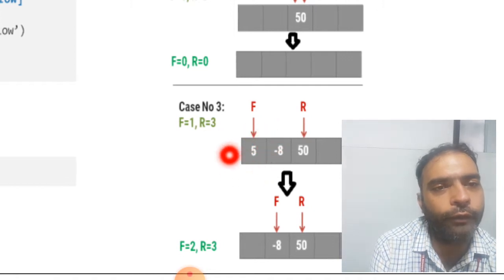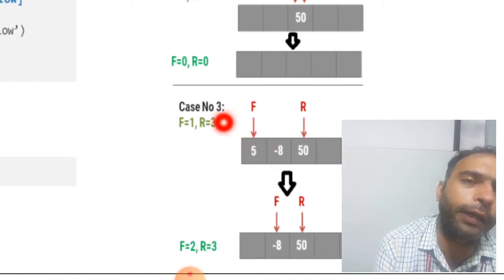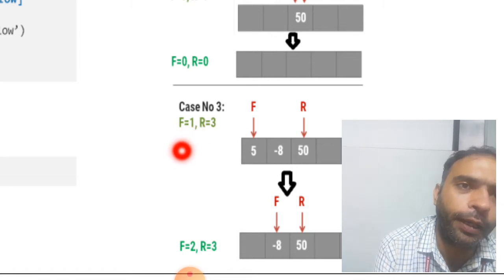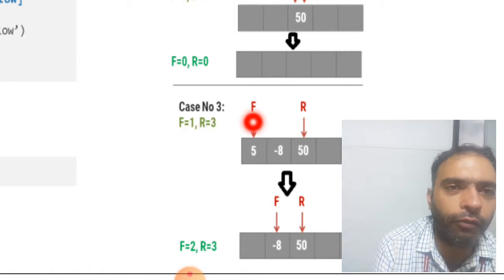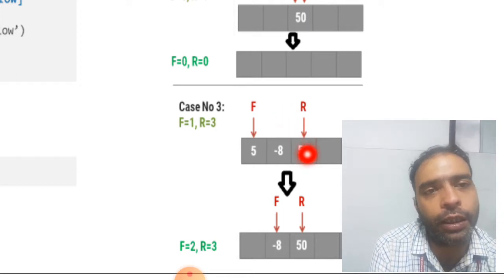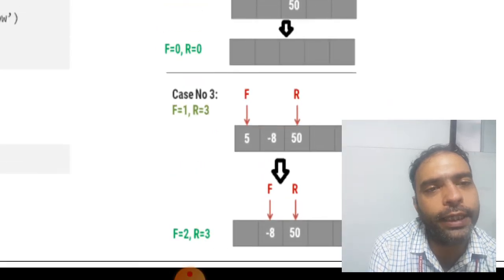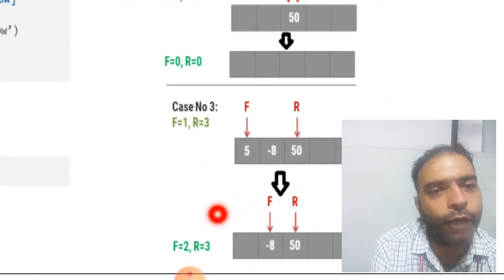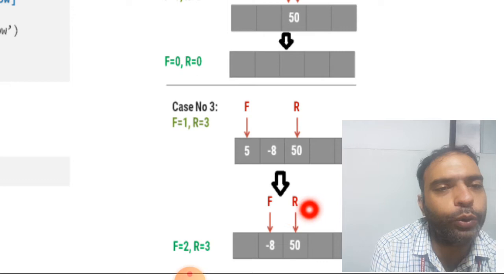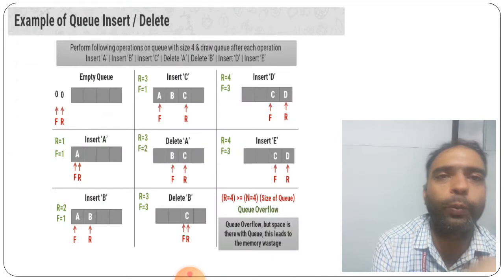When I use DQ, this f5 element will be deleted and returned as the deleted element, and f value is here 1, so it will be incremented, that is f is equal to 2 here. So f will now point towards -8 as it is given. So f will be 2 and r is equal to 3 here, and then the next case according to this DQ part.